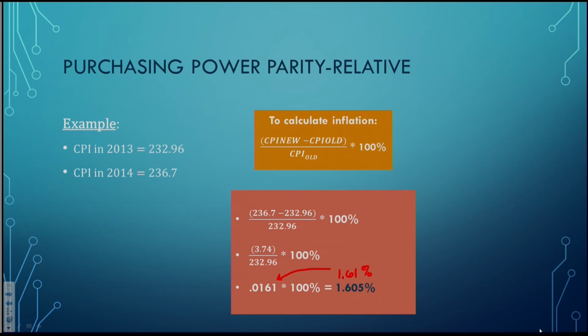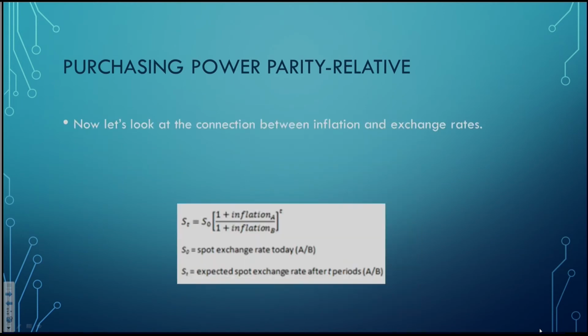All right, let's continue. Now, let's look at the connection between inflation and the exchange rates. So, we have an equation below, and I kept trying to program it in and type it in, and it kept distorting everything, so I've just had to grab it from online, and I apologize, it is a little bit blurry, but this is the best that I can do.